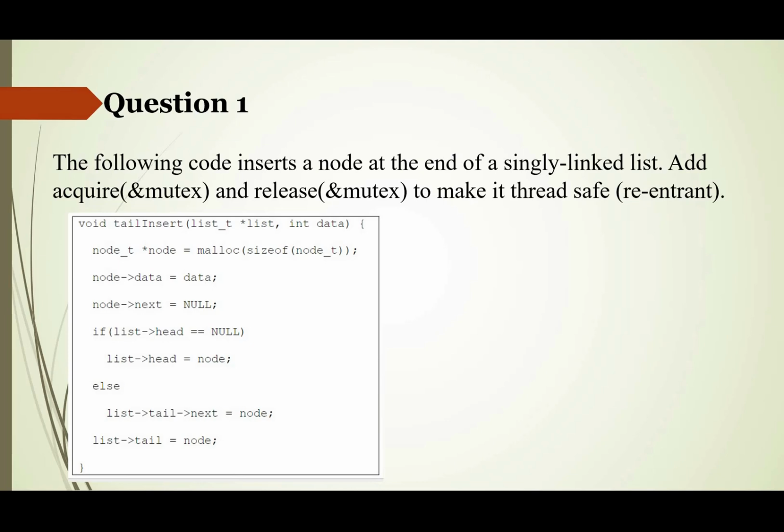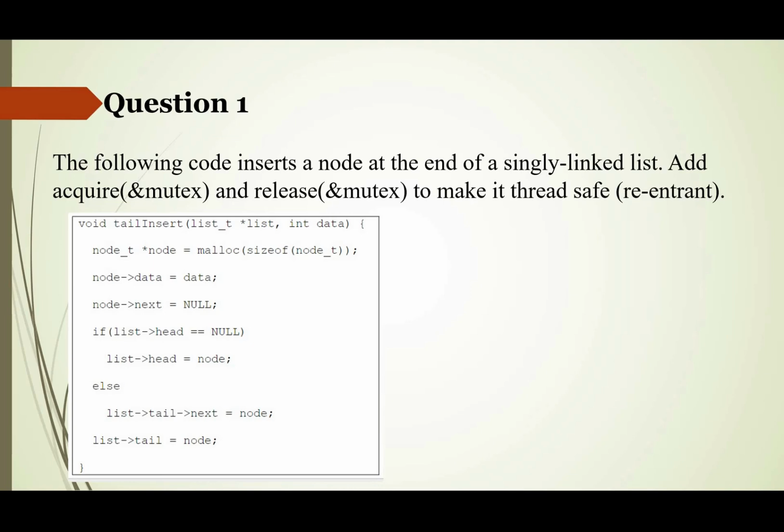Then we assign null to the next of this node. If the list head is null, it means that the list is empty, so we make this node the head of the linked list. Otherwise, we change the tail of the linked list and change the node pointer accordingly.